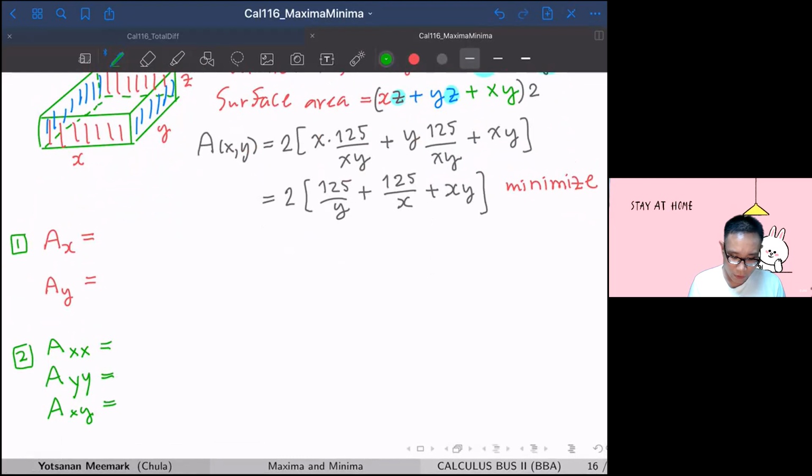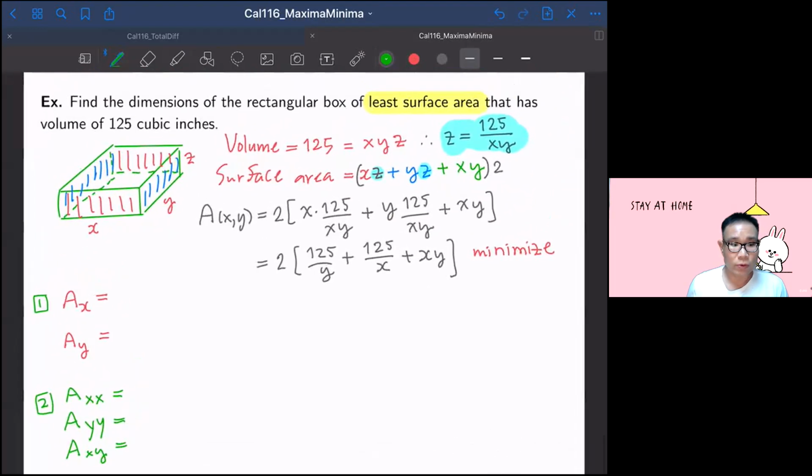For this one again, I will give it to you for the assignment first, and I will continue lecturing in class. I allow you to do it on your own for your assignment. You have to find the critical number, and test the critical number in order to conclude that you get the relative minimum and the surface area.